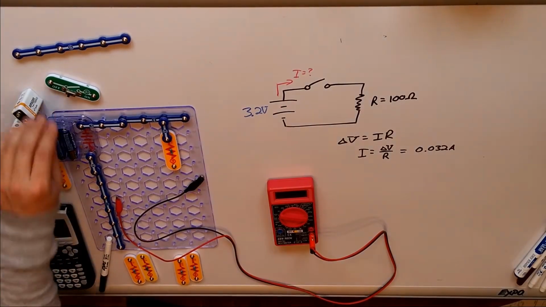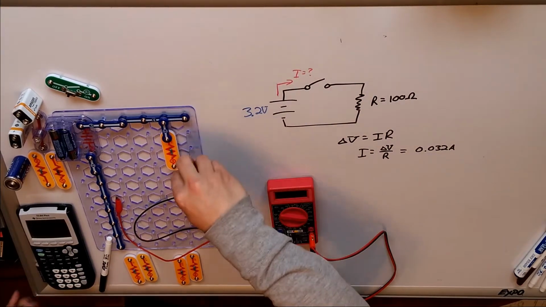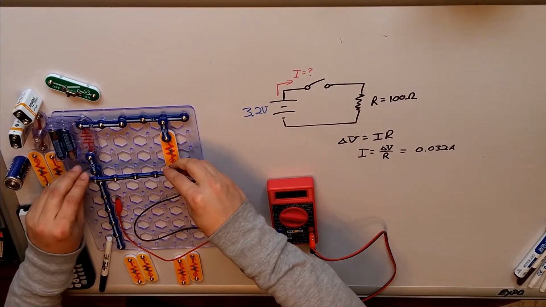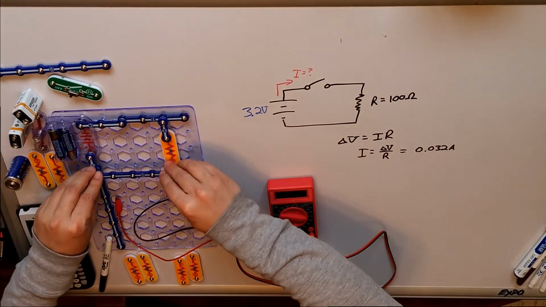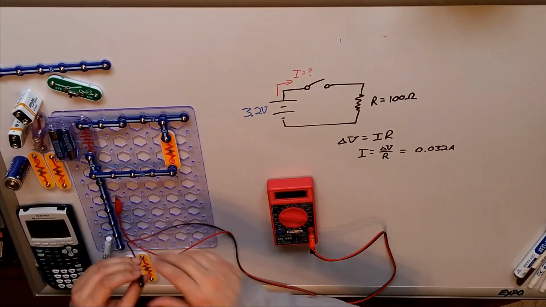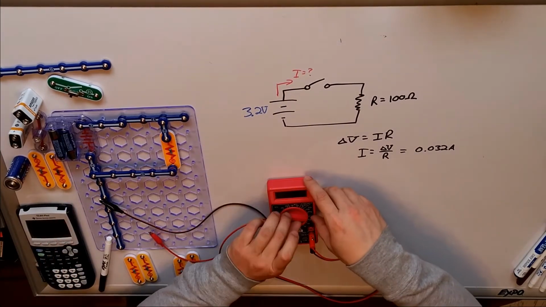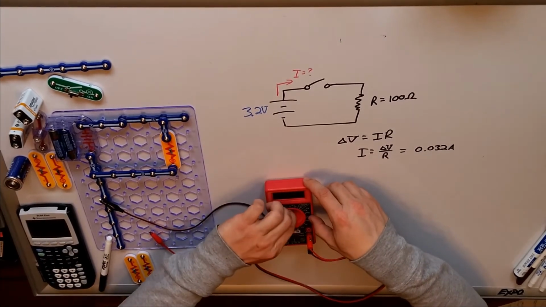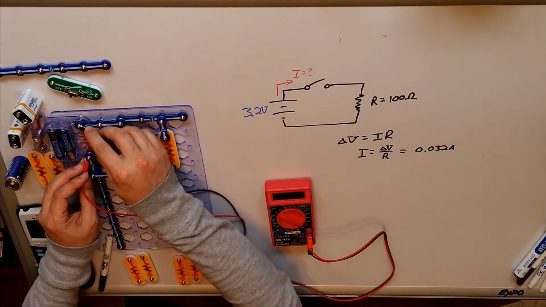Now, one of the things that I want to bring up, and I mentioned it before, is that when you have a battery fully connected to what's called a load, let's set the meter to the right thing, potential difference.